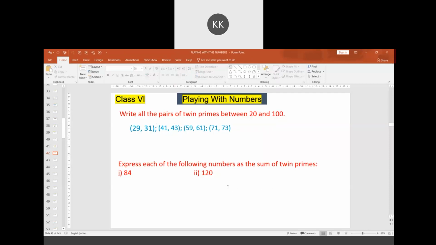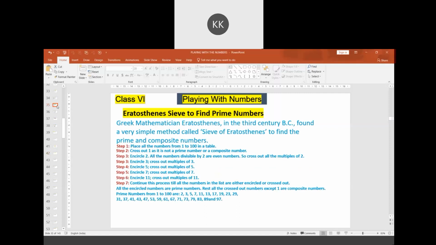Do we have any trick to find twin prime numbers? No, we don't have any trick to find them. But for finding prime numbers, we have a method called the Eratosthenes method, which I have given here. First, we have to place the numbers right from 1 to 100.